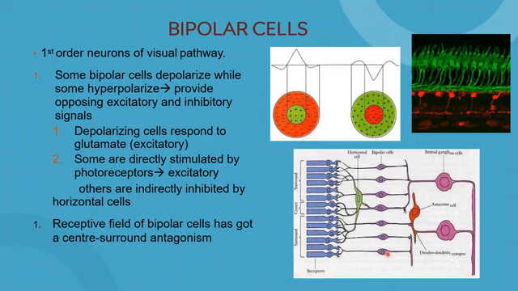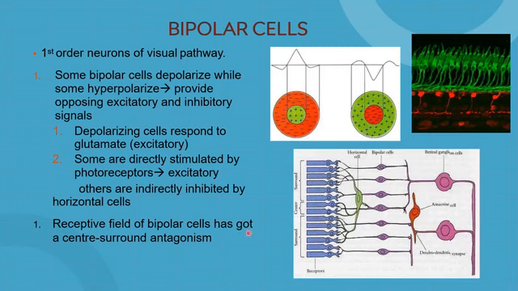Depolarizing cells respond to glutamate and some are directly stimulated by the photoreceptors, leading to excitation, and others are indirectly inhibited by the horizontal cells. So horizontal cells will be inhibiting some bipolar cells, that is the lateral inhibition, so that the center part will be activated.